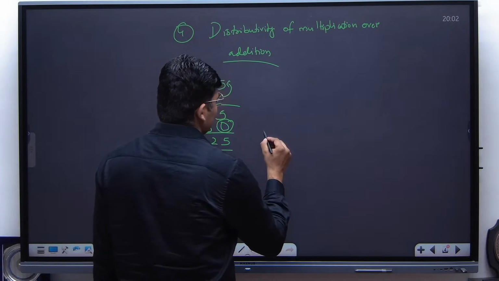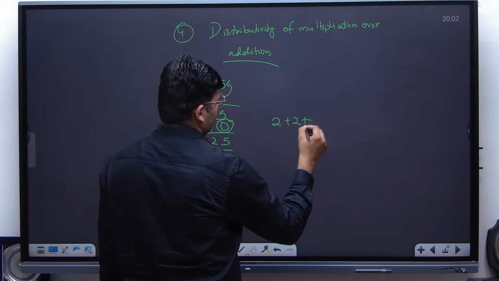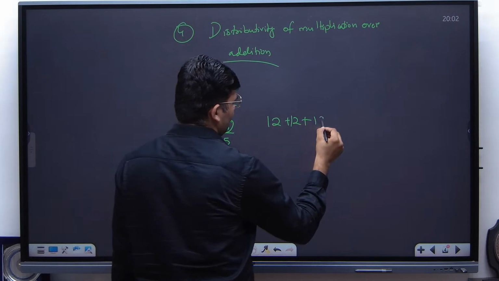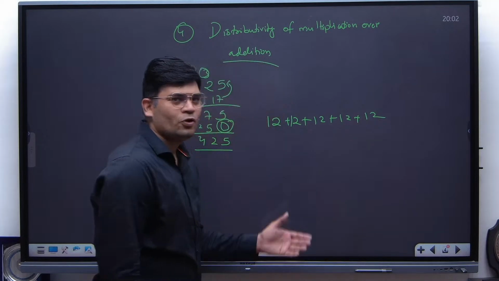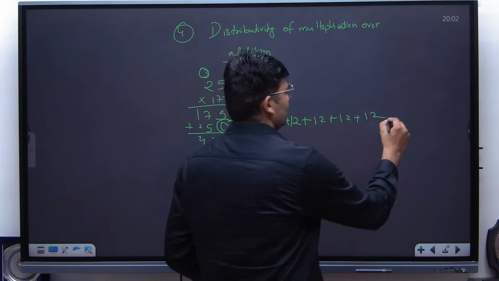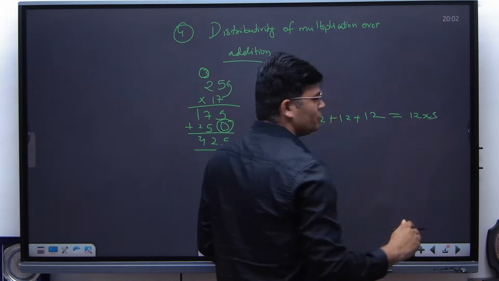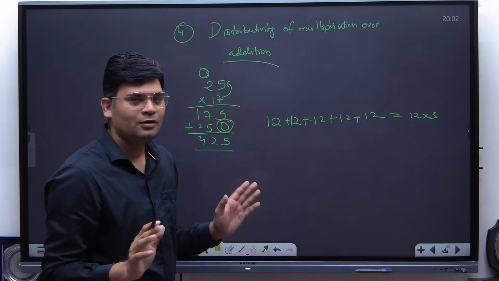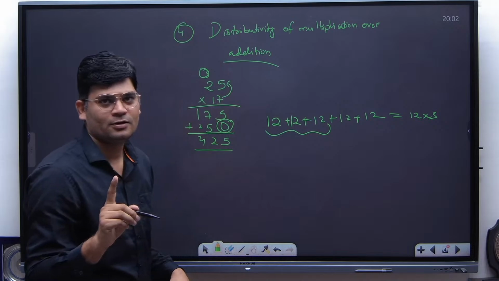So when we are splitting something, suppose I say 12 plus 12 plus 12 plus 12 plus 12. You say, sir, continuous addition is known as multiplication. So these three numbers can also be taken together.